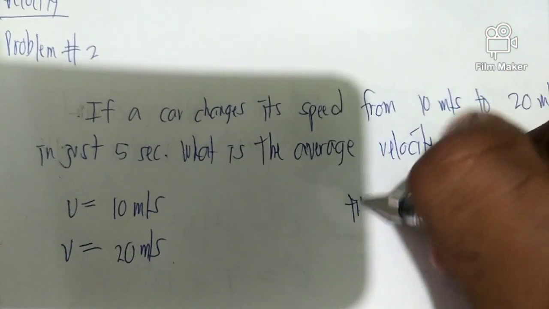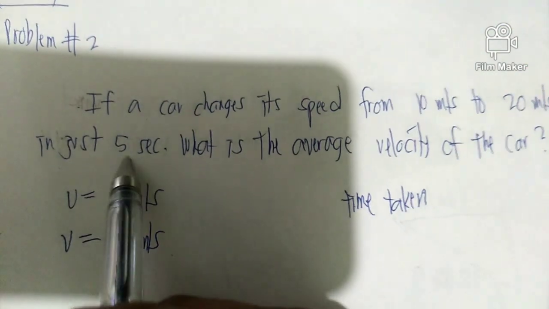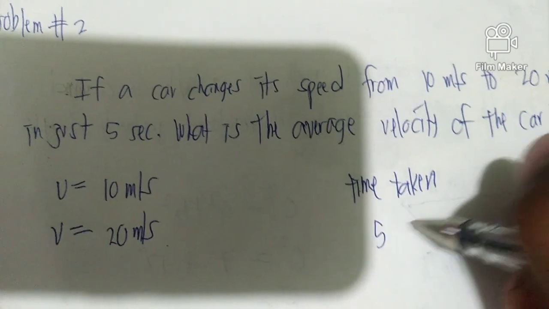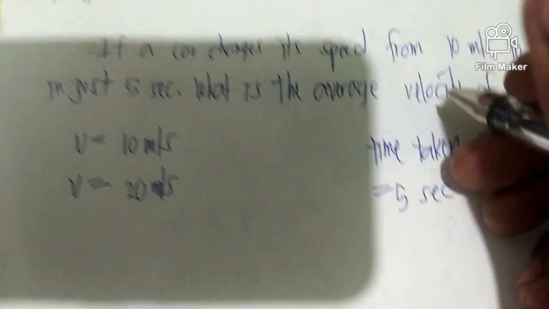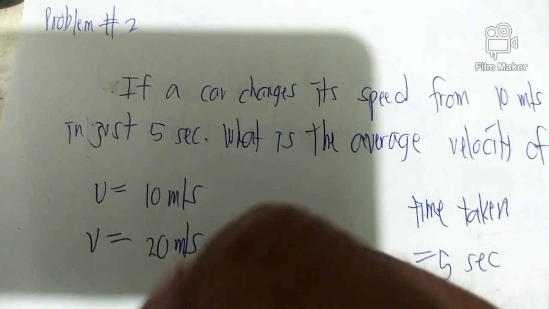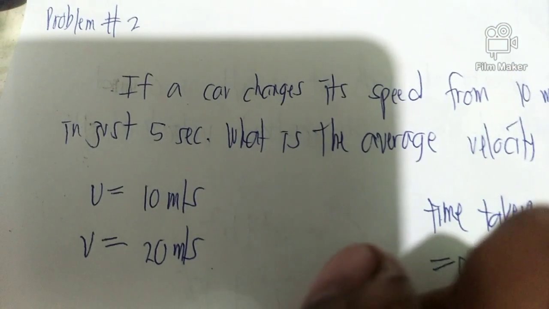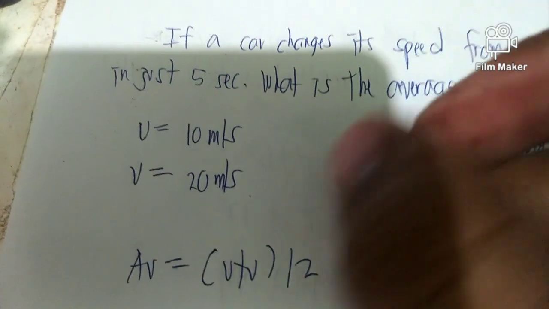The initial velocity equals 10 meters per second, the final velocity equals 20 meters per second, and the time taken is 5 seconds. So average velocity equals U plus V divided by 2.